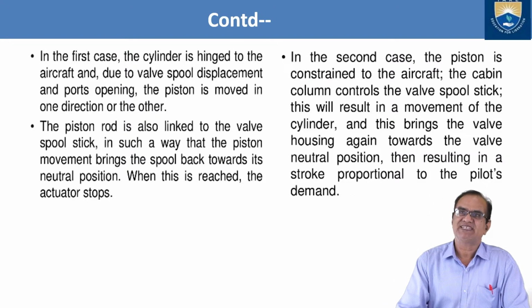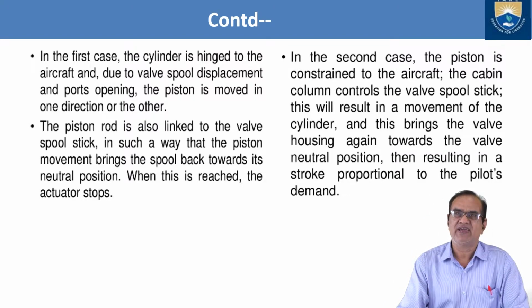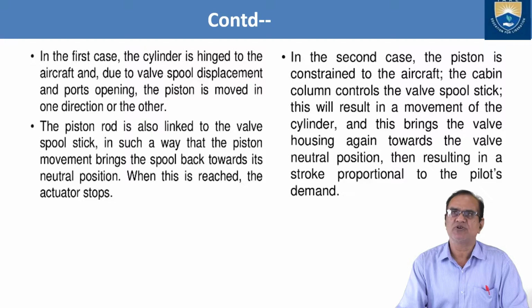In the first case, the cylinder is hinged to the aircraft, and due to the valve spool displacement and port opening, the piston is moved in one direction or the other. The piston rod is also linked to the valve spool stick in such a way that the piston movement brings the spool back towards its neutral position. When this is reached, the actuator stops.